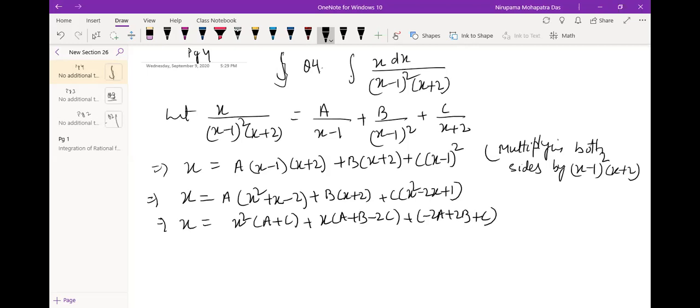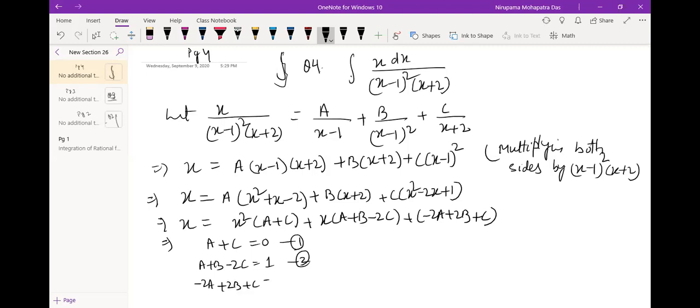Now equate the coefficients from both the sides. So you can get a plus c equal to 0, first equation; a plus b minus 2c equal to 1, second equation; and the third equation is minus 2a plus 2b plus c.